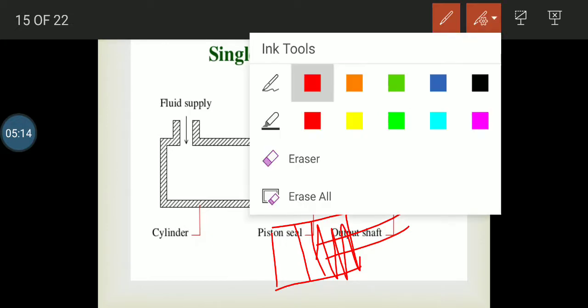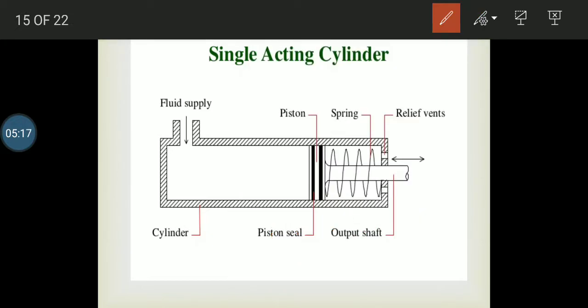The spring denotes that it is a single acting cylinder. If there is an absence of the spring, it gives us a hint that it is a double acting cylinder. So while drawing a single acting cylinder, be precise in drawing the spring properly.